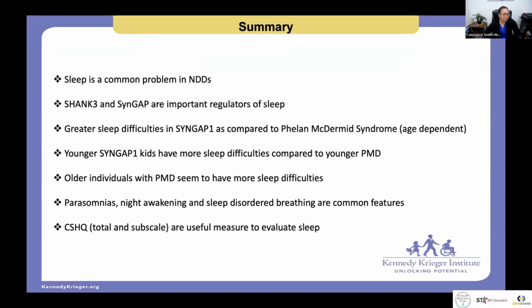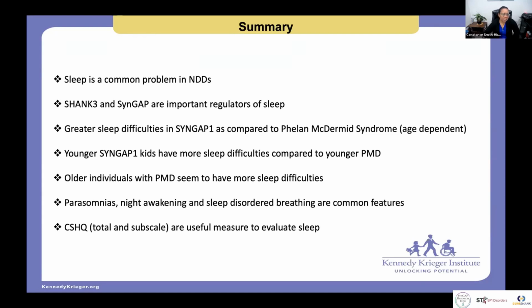So the younger SYNGAP kids have more sleep difficulties compared to younger individuals with SHANK3, whereas the older individuals with PMD seem to have more sleep difficulties than the younger individuals.